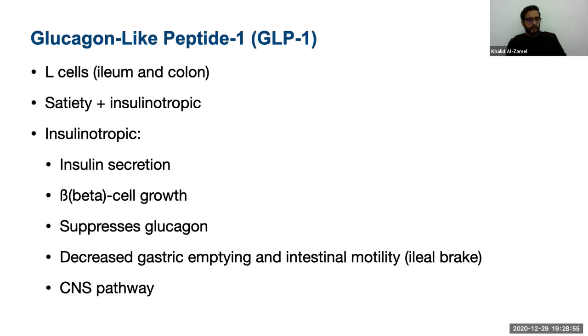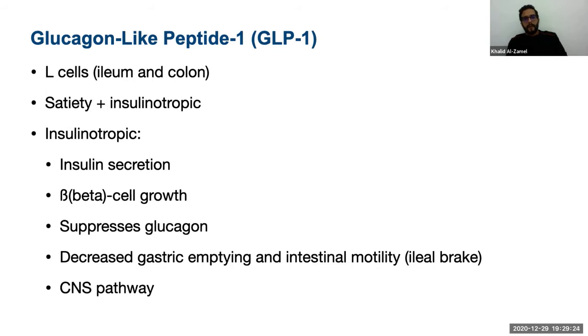Now, if we look at the characteristics of this peptide, we can see that it is the main acting peptide after doing malabsorptive surgery, what they call an ilealization of the proximal intestine.